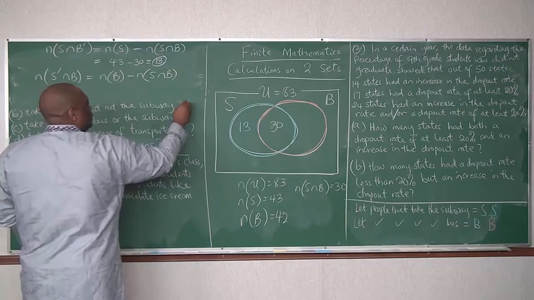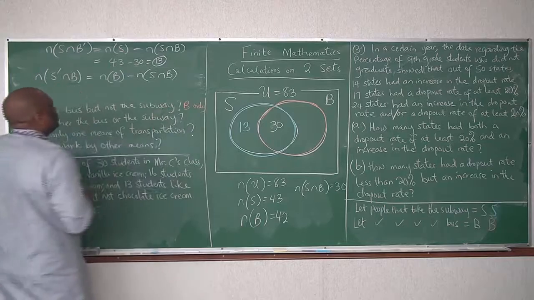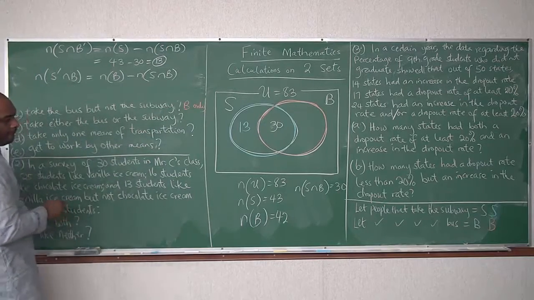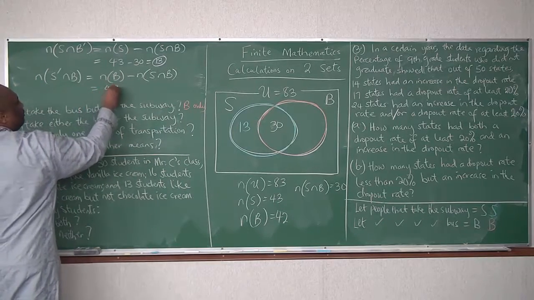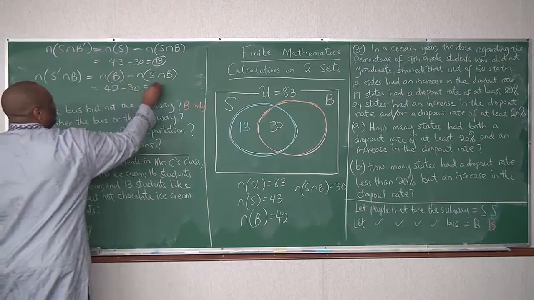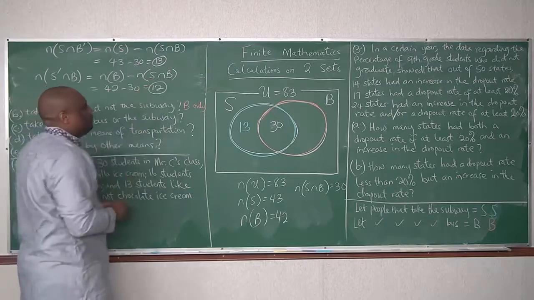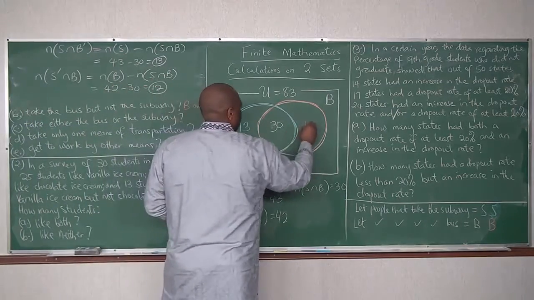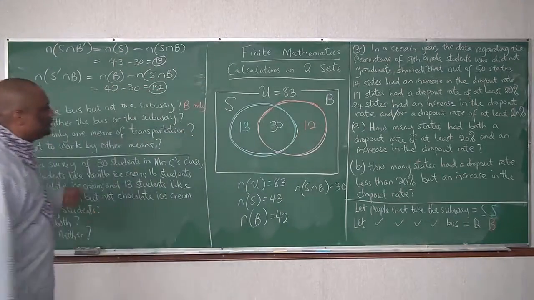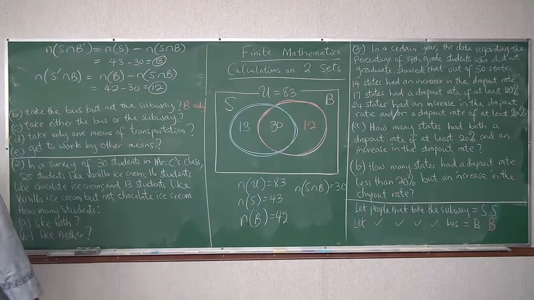This is bus only. So this gives us 42 minus 30, and that gives us 12. You see that? 12. That is B, bus only.